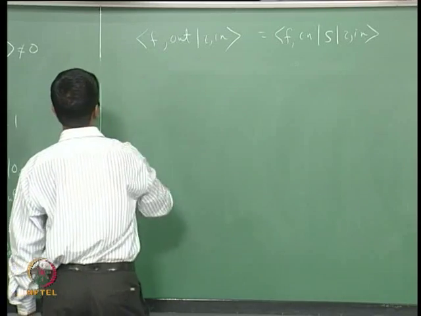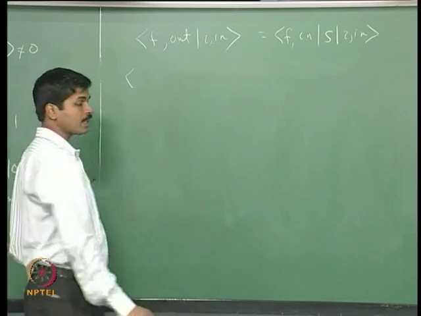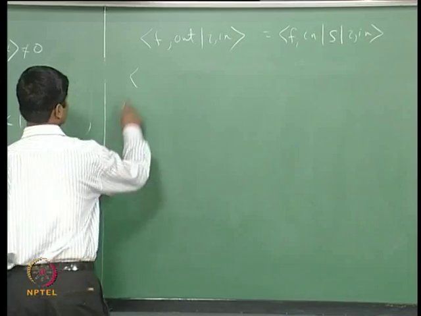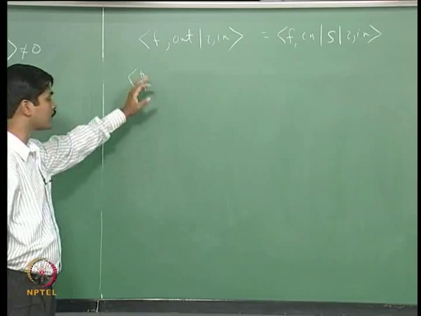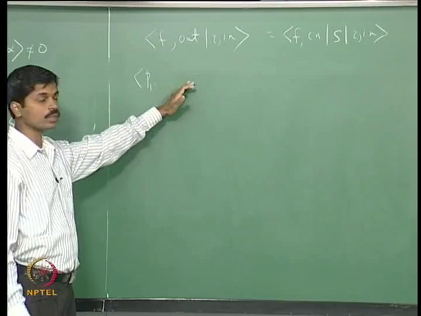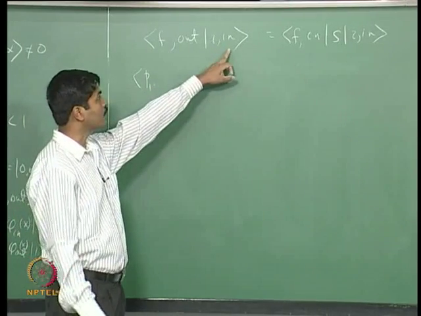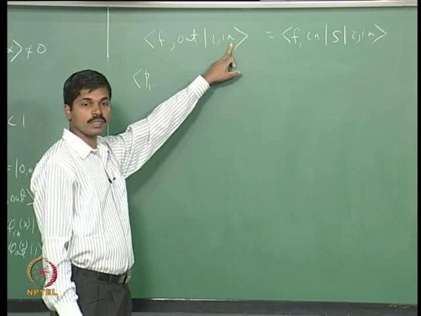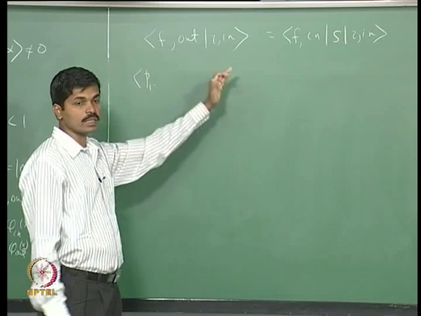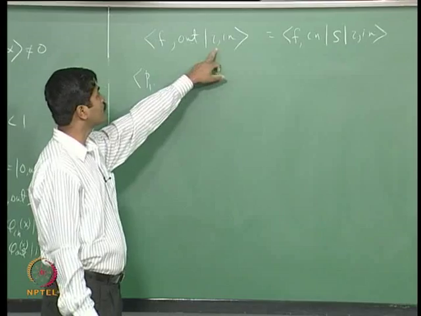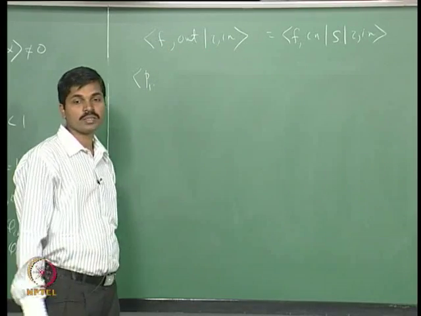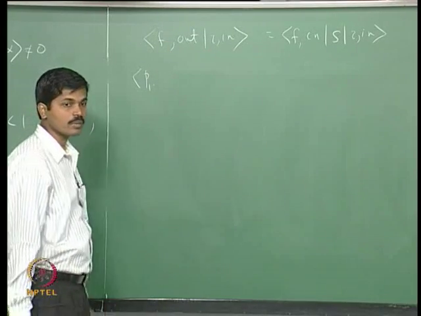So consider some final state which is a P1. When we did the scattering cross section calculation, we have seen that even if we consider wave packets, ultimately the cross section is expressed in terms of some quantity where both these quantities are eigenstates of the momentum.